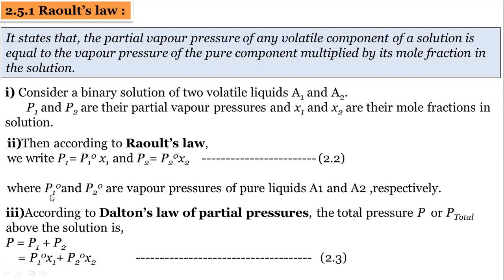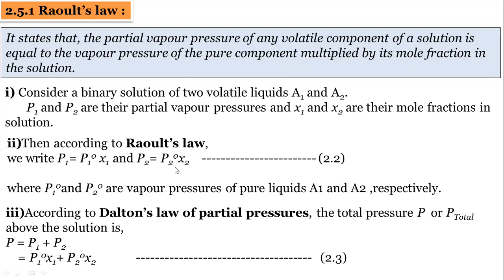Raoult's law is nothing but the partial vapor pressure of any volatile component, it may be A1 or A2, is equal to the vapor pressure of the pure component, P01 or P02, multiplied by its mole fraction, X1 or X2. Why am I using this word pure component?